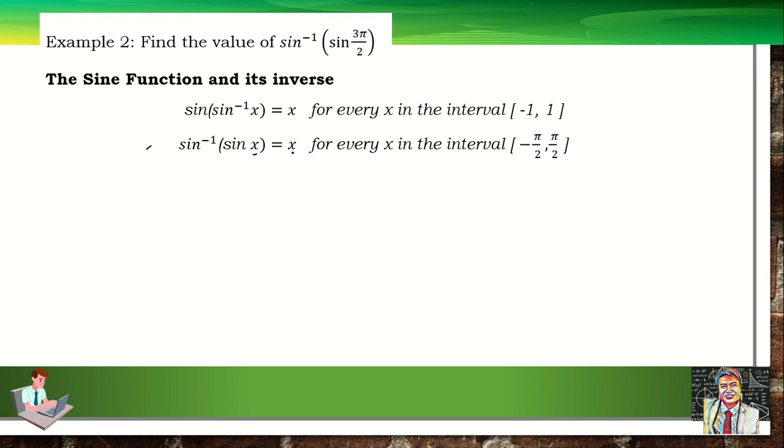Wherein, makakancel out to, magiging answer is yung x, for every x in the interval negative 5 over 2 up to 5 over 2. Wherein, 3 pi over 2, kung i-check natin, ang pinaka-highest lang natin is 5 over 2. If we convert 5 over 2, that is 90. Yung 3 pi over 2 is equivalent to 270 degrees.